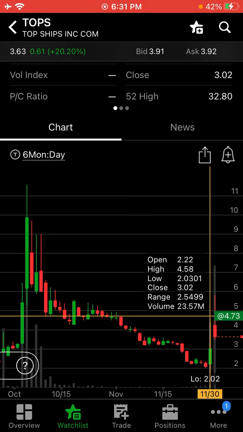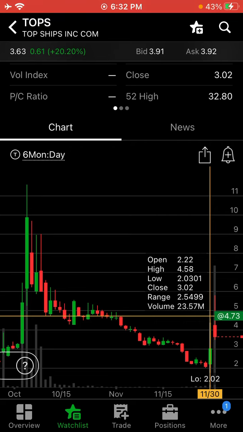So float is supply, and the volume is demand. You can think of it like there's 23 million people on this day wanting to buy the supply, but there is only 2.8 million worth of supply.